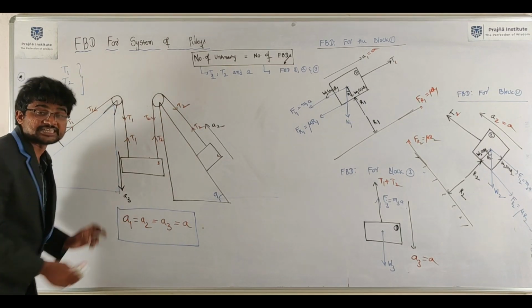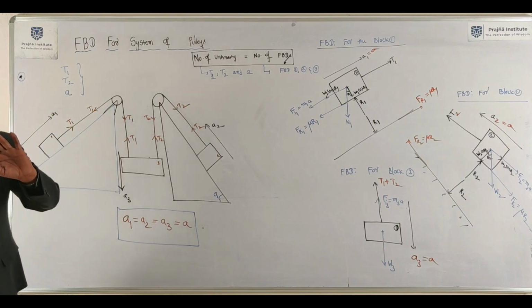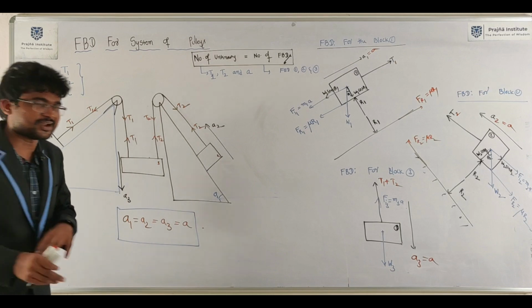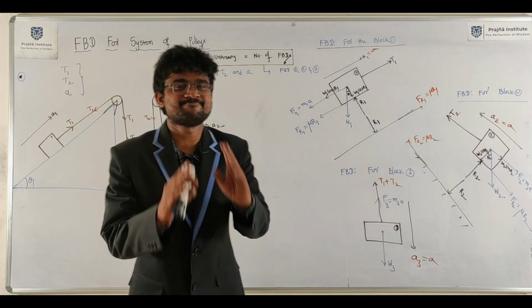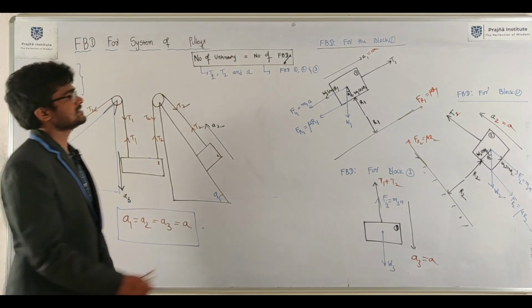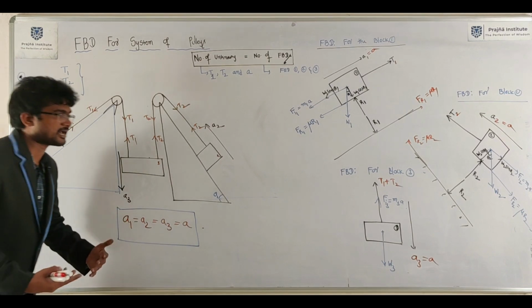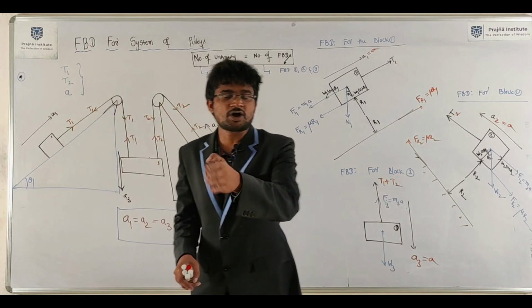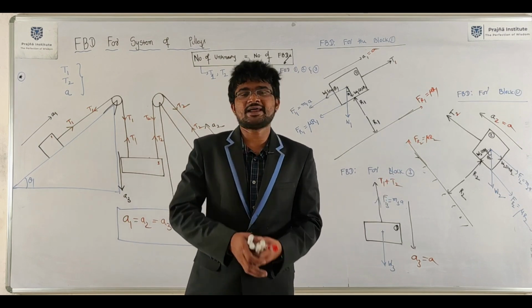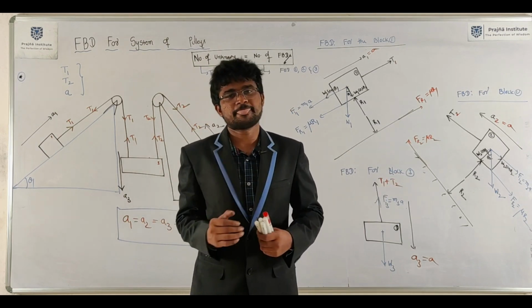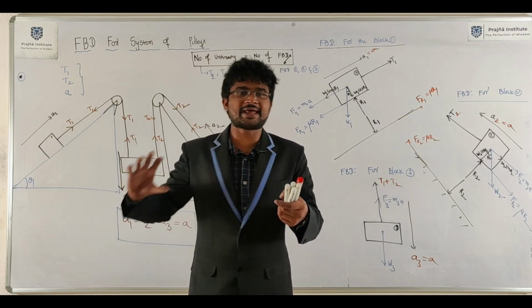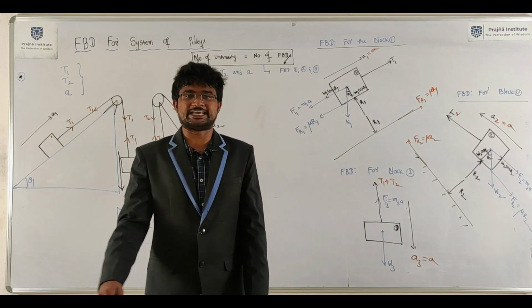Two different strings, two different tensions. That's it. This is the way to draw free body diagrams, get unique equations, solve those equations, and finally get the unknowns. This is all about free body diagrams and applying kinetics of rigid bodies.